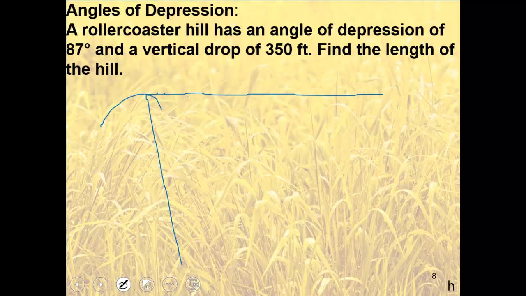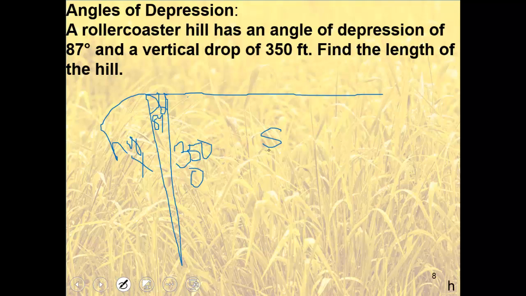So what is the length of my hill? I have a vertical drop of 350. So what's the length of my hill? I'm looking for this over here, and this angle is 87 degrees. So I have what? My hypotenuse, and this is my side opposite.